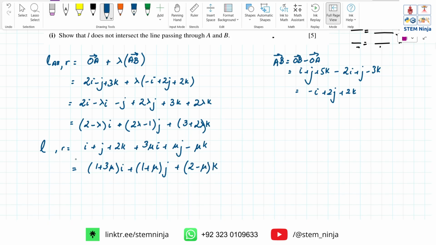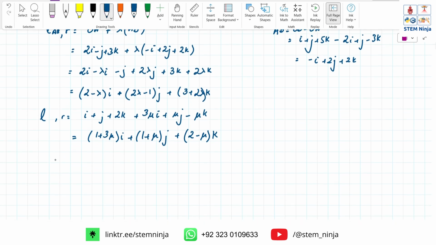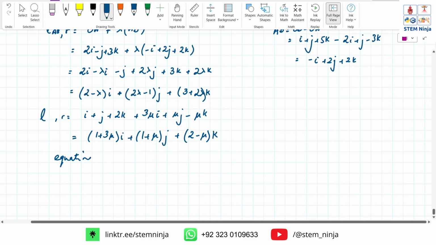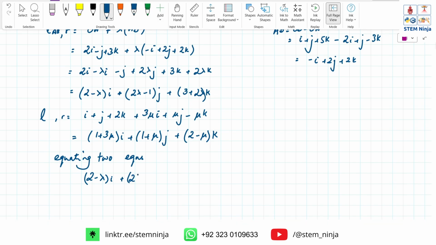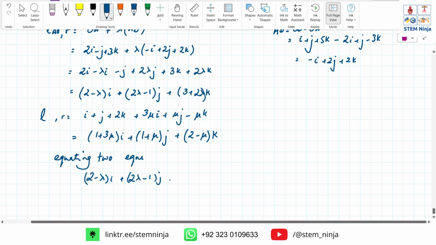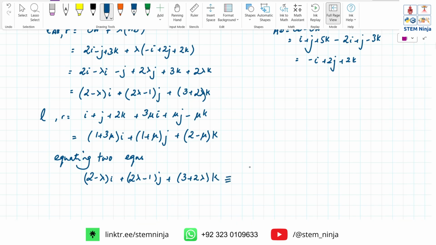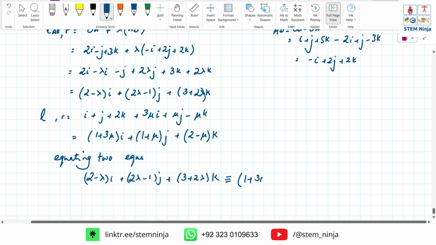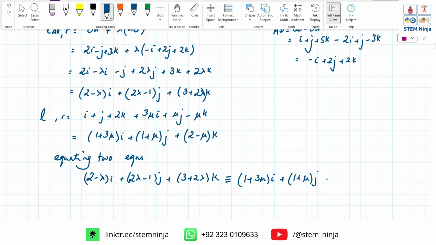So now we can equate both of these together. So equating the two equations, you have (2 minus lambda)i plus (2 lambda minus 1)j plus (3 plus 2 lambda)k identical to (1 plus 3 mu)i plus (1 plus mu)j plus (2 minus mu)k.